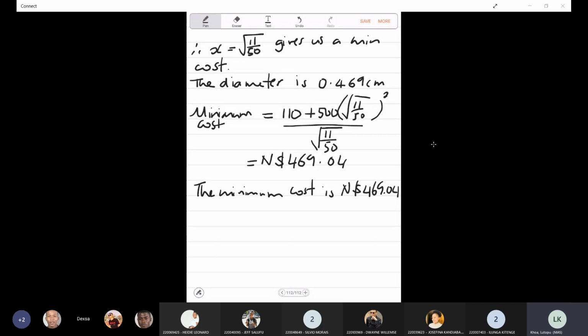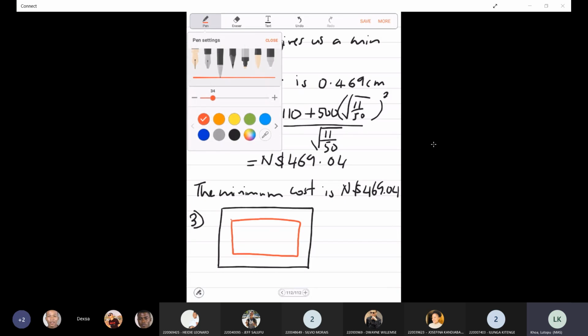So we are given, this is number 3, a sheet of paper like this. And as you know, all our papers have margins. So we put margins like this. Something like that. So the red area is the area where you can write, I suppose.